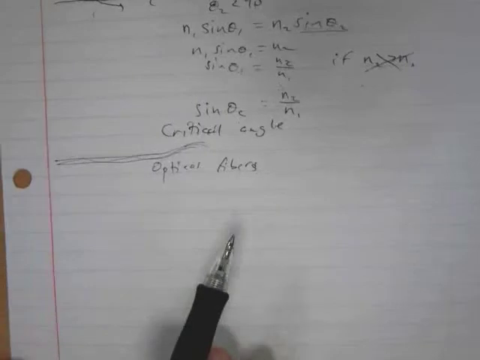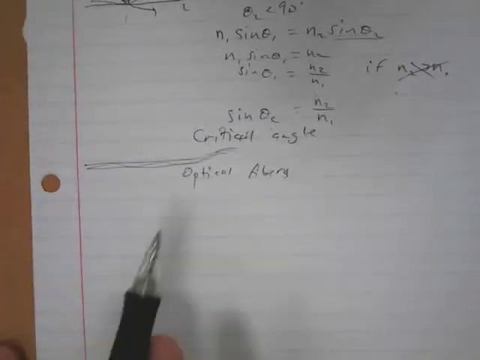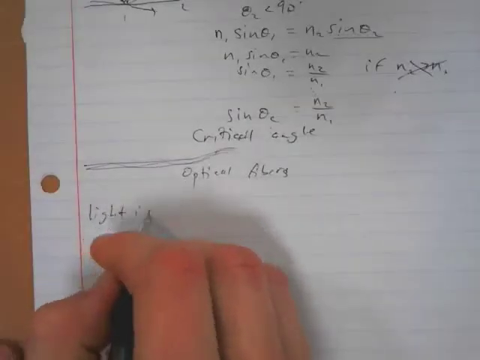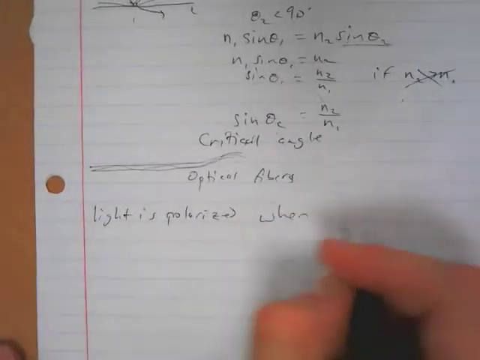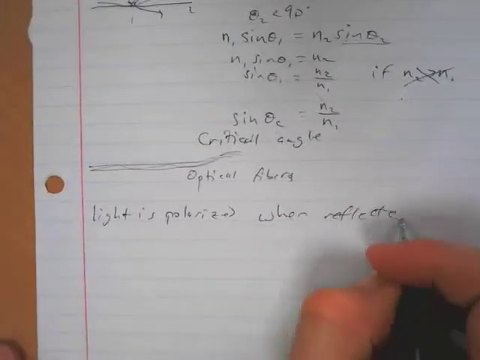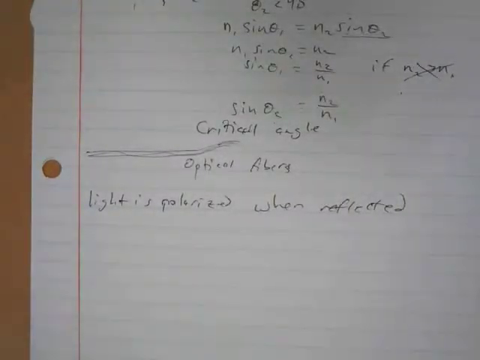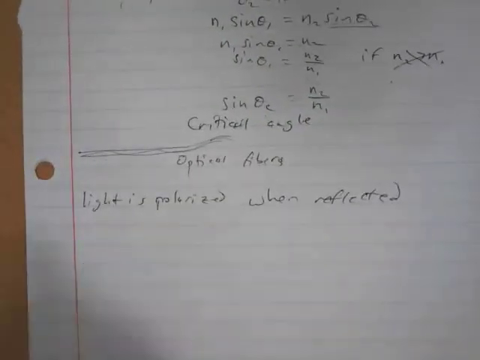Now, one other thing related to this is polarization. So recall that light is polarized when it's reflected. Now there is a special angle where this polarization is complete.